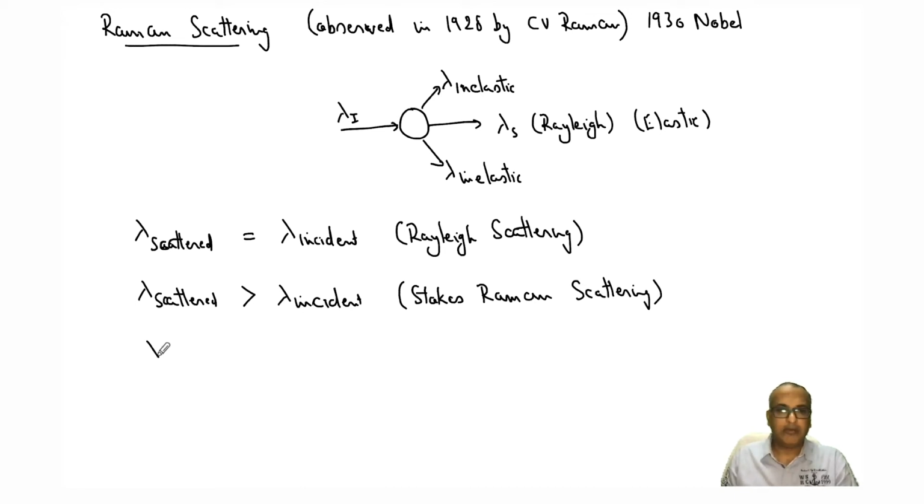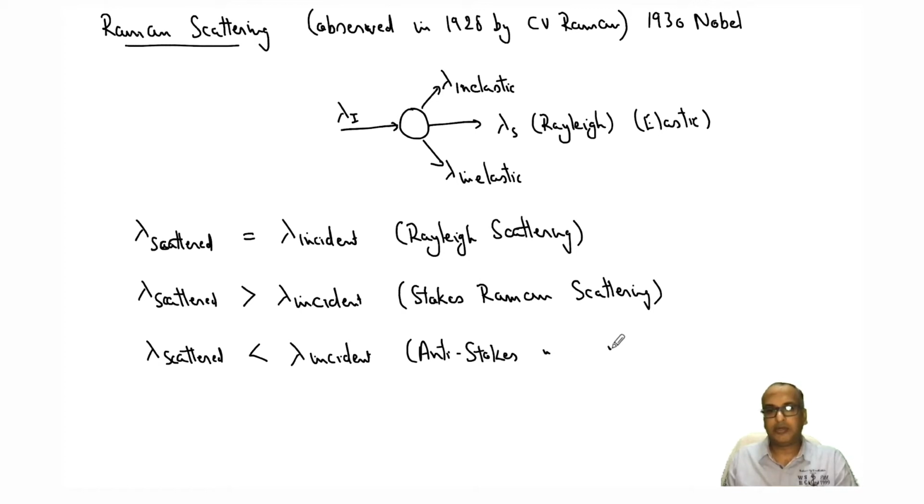And similarly, if lambda scattered is less than lambda incident, then it is called anti-Stokes Raman scattering.